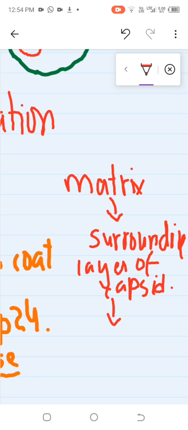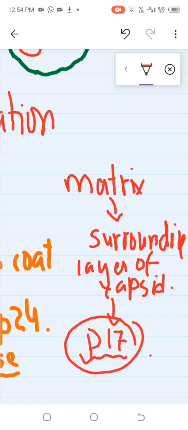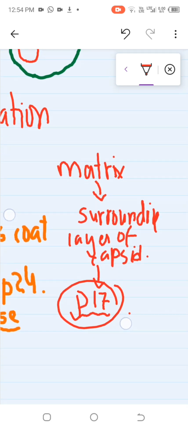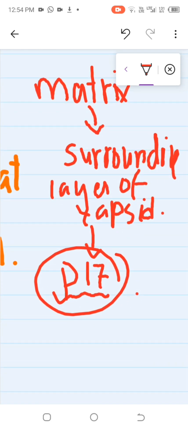This matrix is made up of protein 17. What is the work of this matrix? The matrix plays a crucial role in stabilizing the capsid. It keeps the capsid stable.